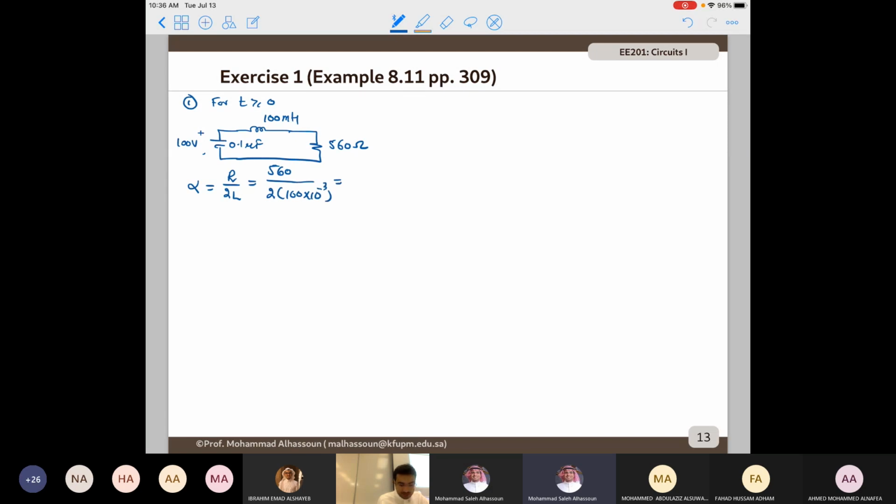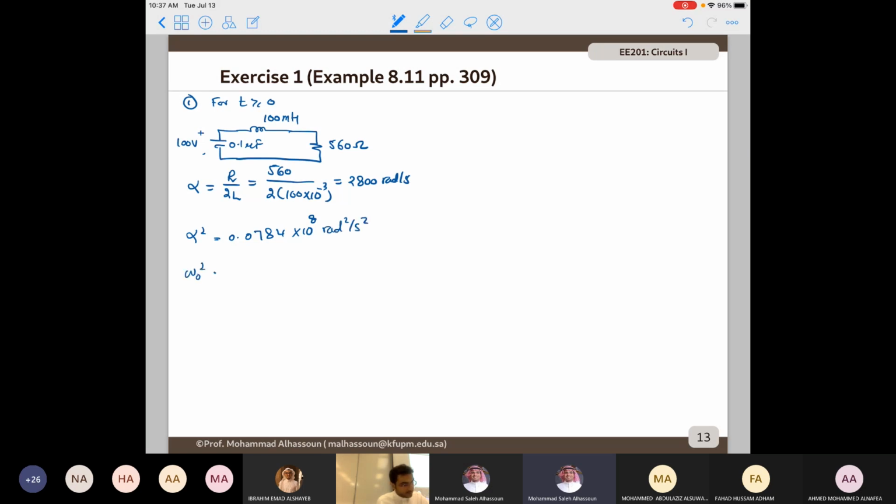Alpha is 2800 radians per second. If I square it, it's going to be 0.0784 times 10 to the power 8 radians squared per second.